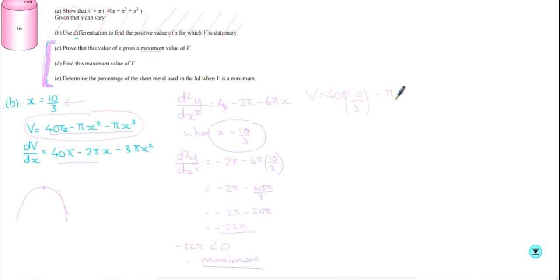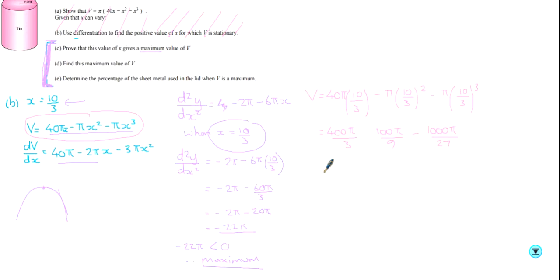So that minus pi lots of 10 over 3 squared minus pi lots of 10 over 3 cubed. Okay, so let's start to tidy this up. So it's going to be 400 pi over 3 minus 100 pi over 9 minus, what's that, 1,000? Yeah, it is. 1,000 pi over 27.